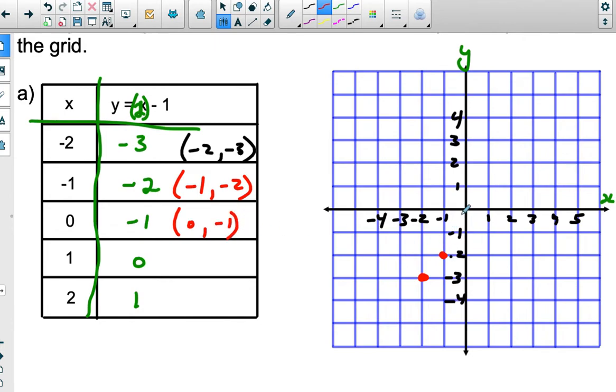My third point is at 0 on the x-axis, -1 on the y-axis. 1 on the x-axis, 0 on the y-axis. And our last point, 2 on the x-axis, 1 on the y-axis. And we get a line.